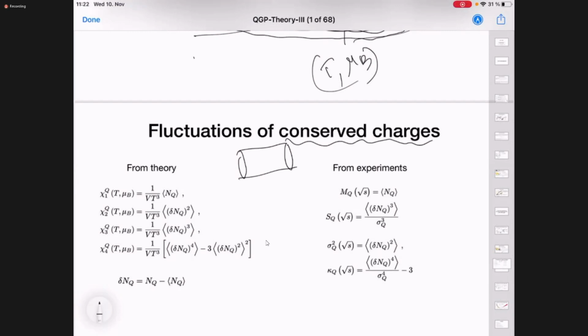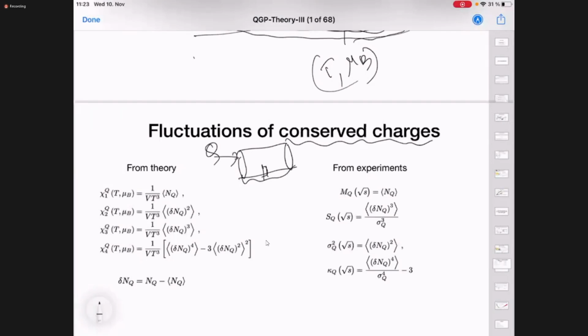So as long as in the initial state you are injecting the same amount of net charge in every event, okay, suppose somehow you ensure that, then in all those events, the total net charge will be the same, right? So the idea is you should look at a small sub-fireball, right?